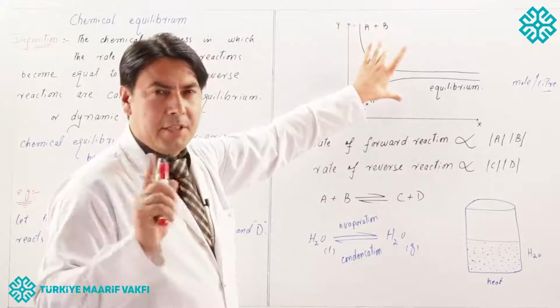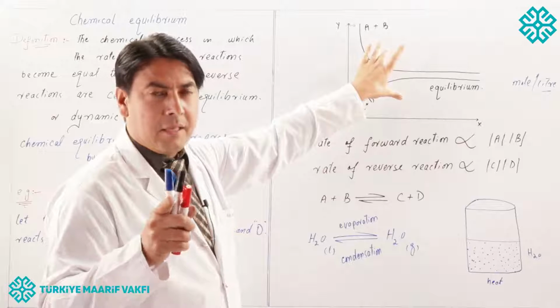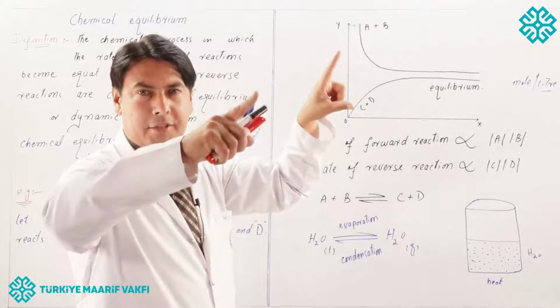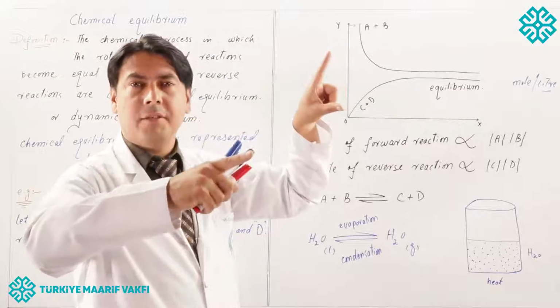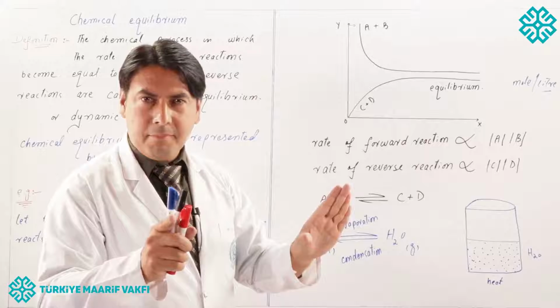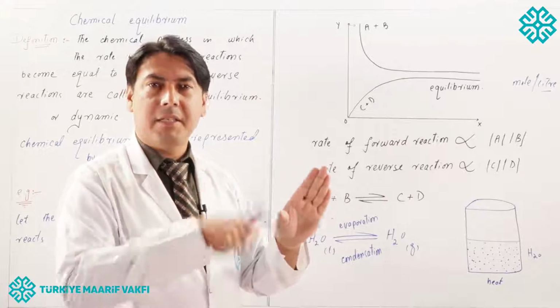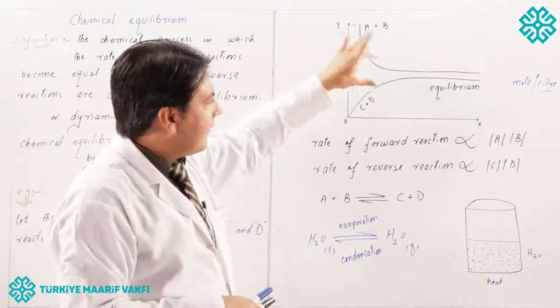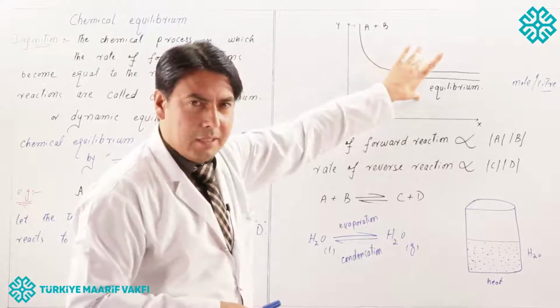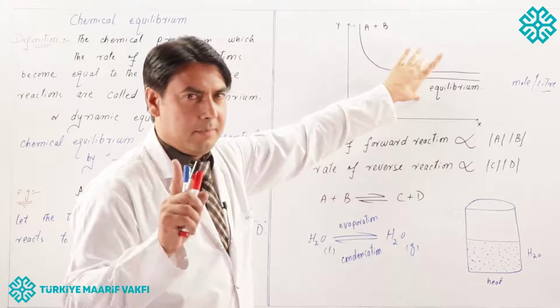Finally, a stage will be reached at which the rate of forward reaction will be the same as the rate of reverse reaction. This stage is called chemical equilibrium or dynamic equilibrium.